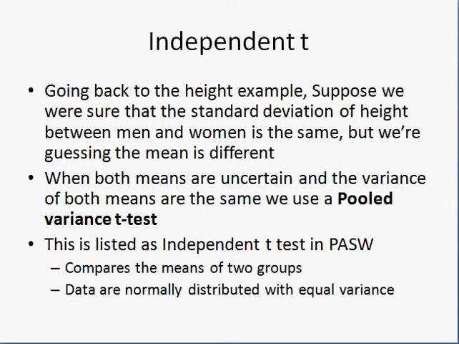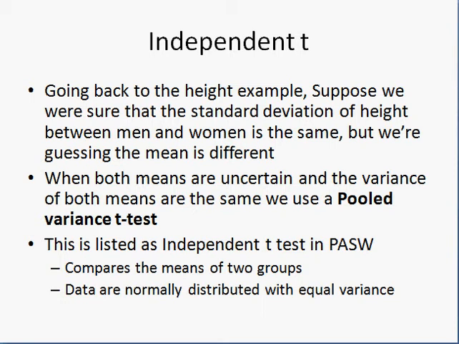If we go back to the height example, suppose we were sure that the standard deviation of height between men and women was the same, but we're guessing that the mean is different. So we suspect that men are taller than women, but we want to test this.